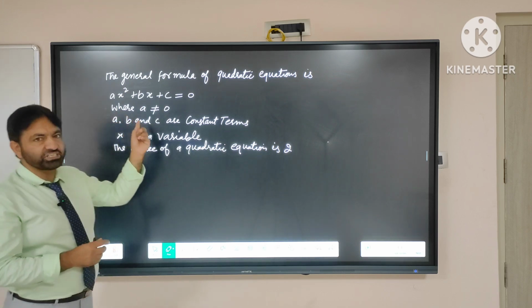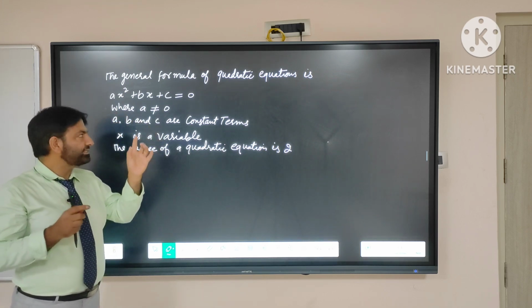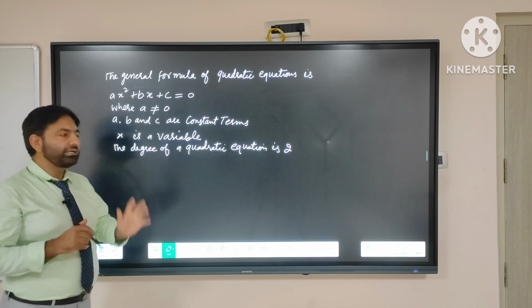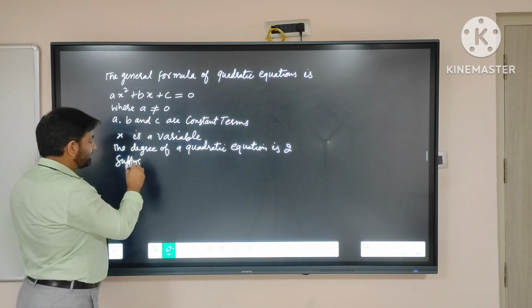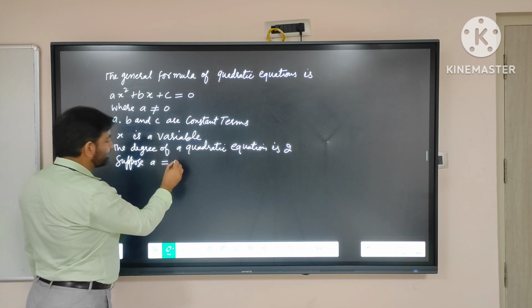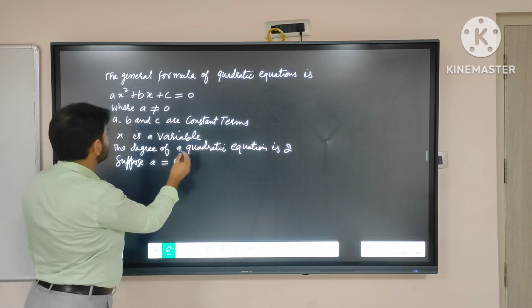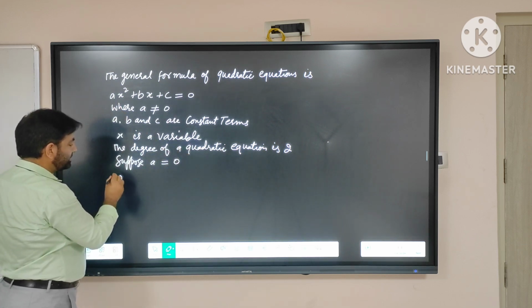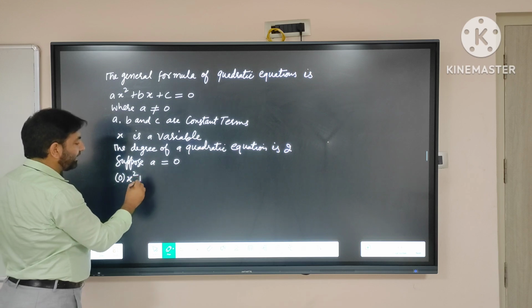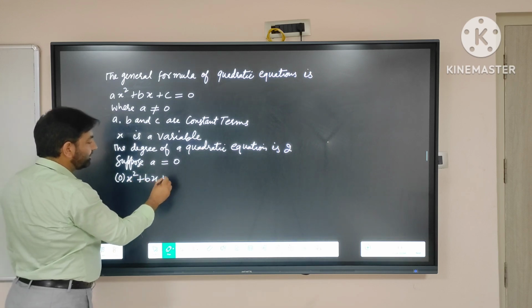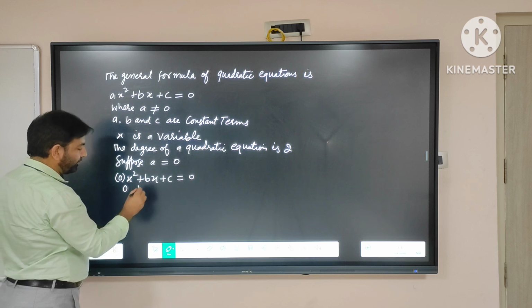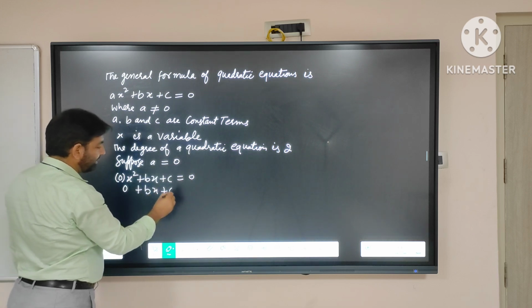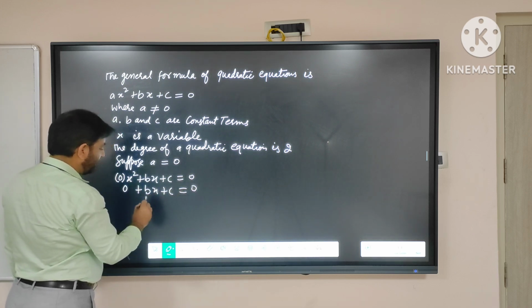Now here is a condition. If a is equal to 0, let's see. Suppose a is equal to 0 in this equation, then we will write 0 x square plus bx plus c is equal to 0. When we reduce it, we get bx plus c is equal to 0.